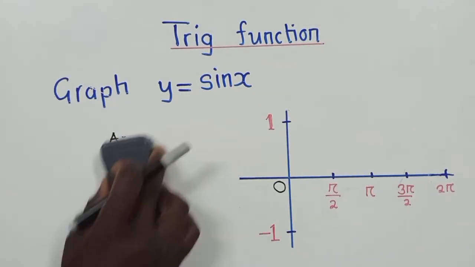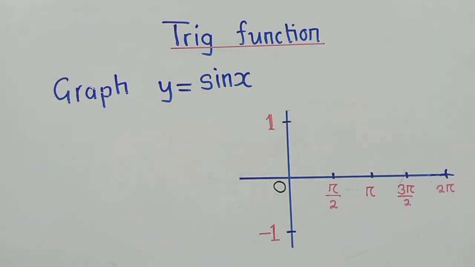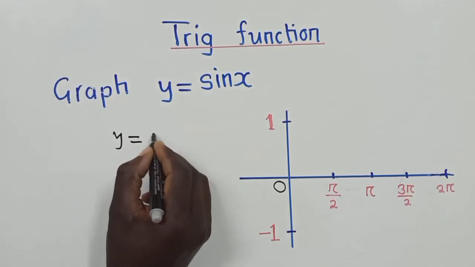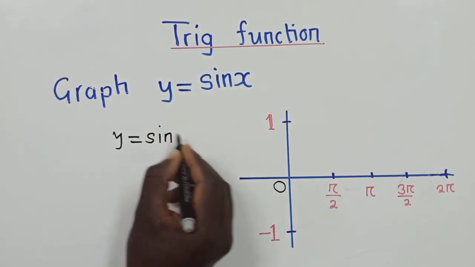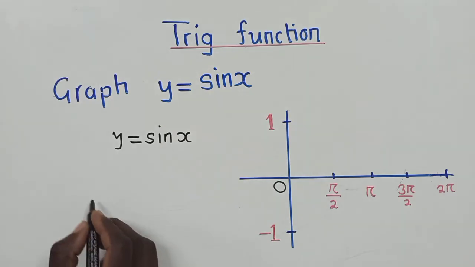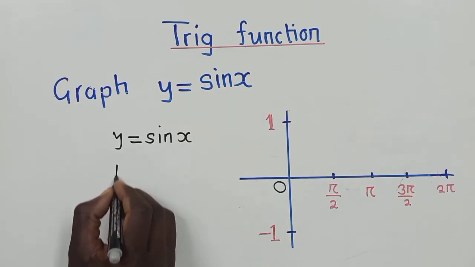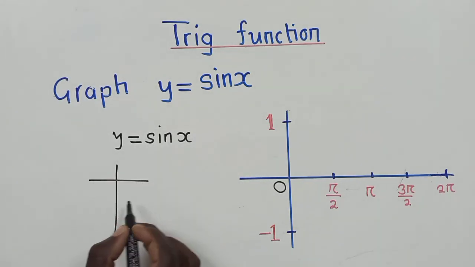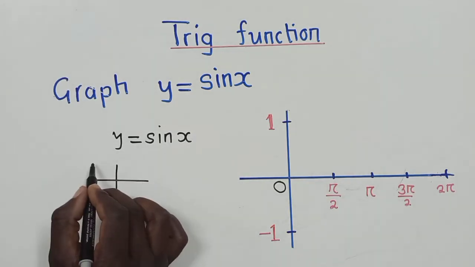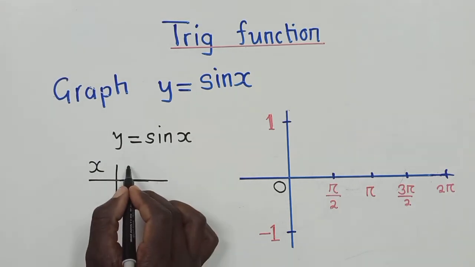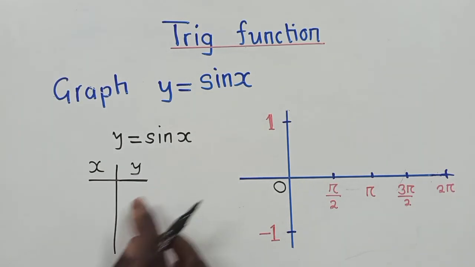So now you go to your function. This is y is equal to sine x. Okay? So we want to find the coordinates. To find the coordinates, we come up with a table of values. So we'll call this the x-axis, and this other one the y-axis. Okay?